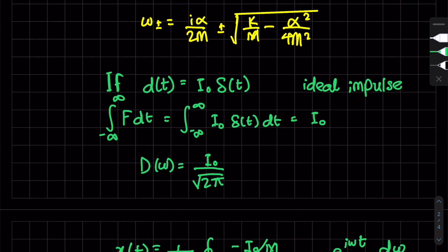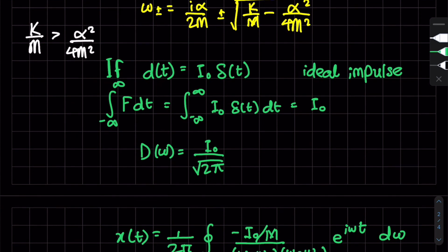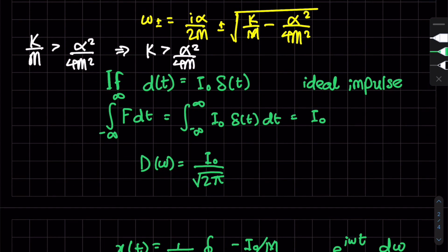So one condition we can consider is k over m is strictly greater than alpha squared over 4m squared, so that the radical inside is always positive, which translates to k is greater than alpha squared over 4m. So there's some limiting value for the spring constant k.